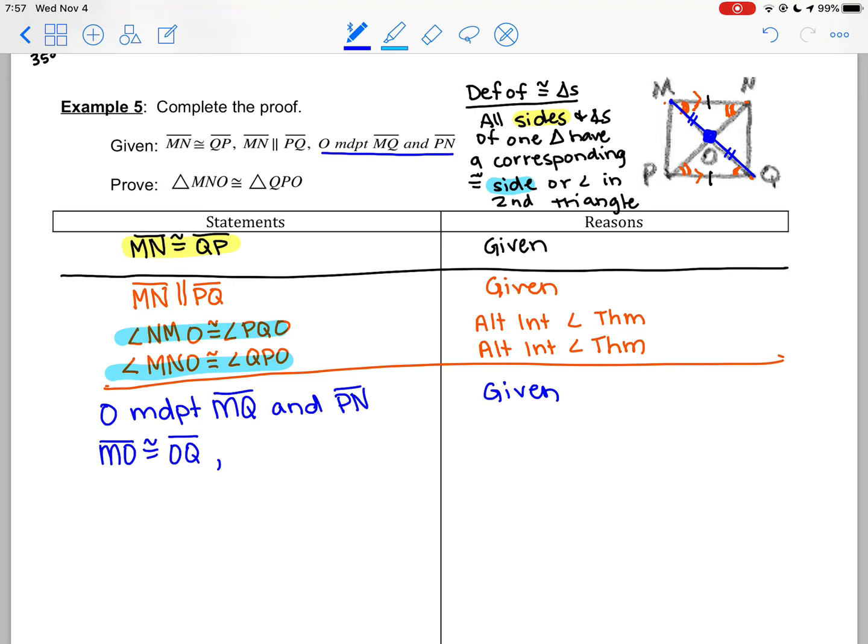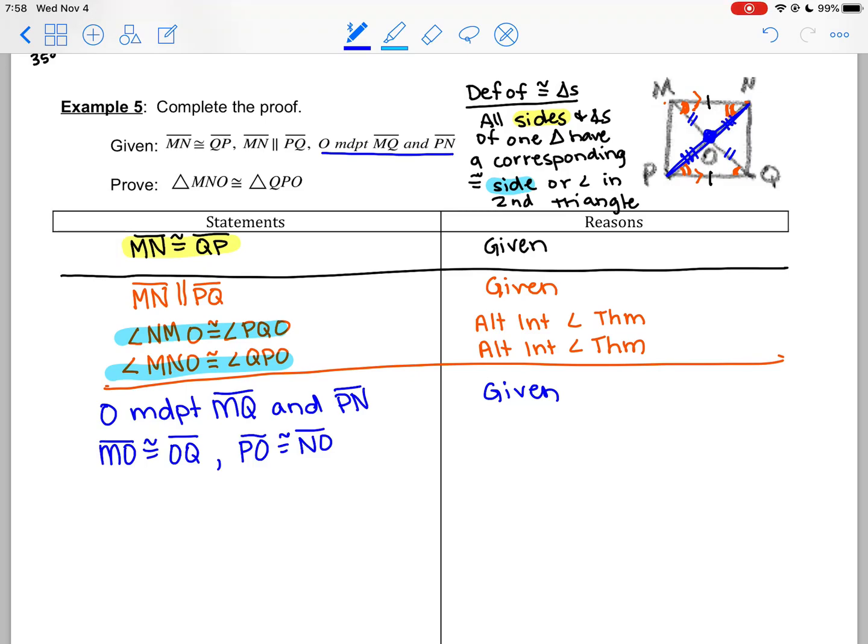All right, the next segment that it is the midpoint of is PN. So O is also the midpoint of PN. So those two segments that it splits that into will also be congruent. So if I look at O being the midpoint, the two segments are PO and NO. So those two segments are going to be congruent.